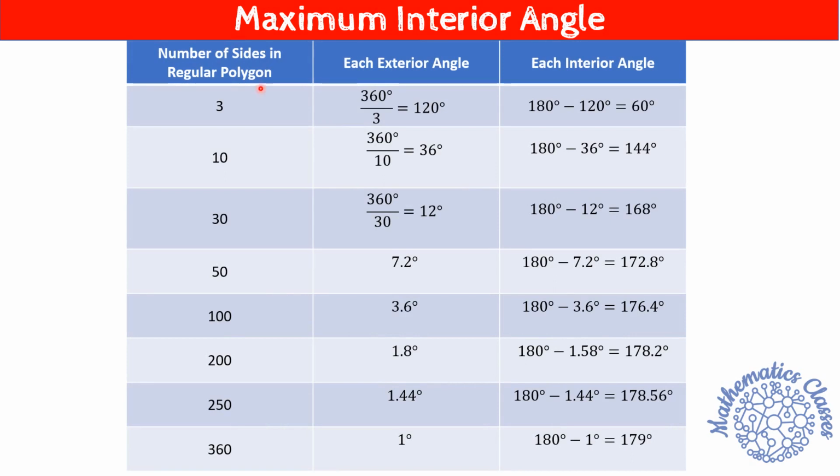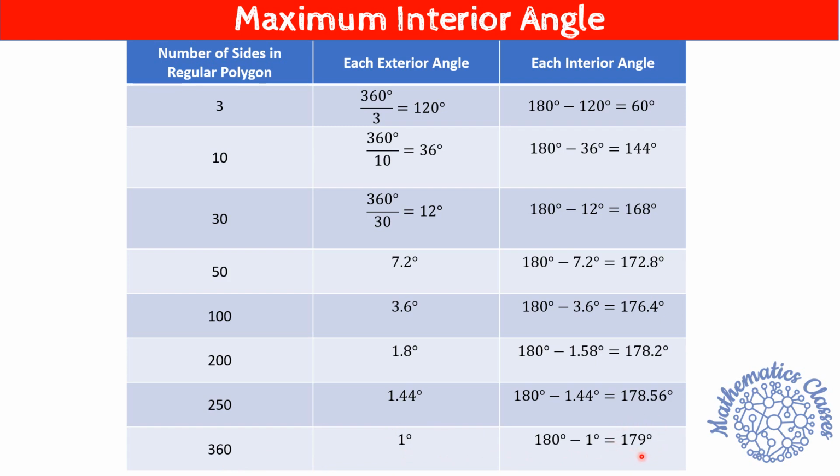Here, in this table, we have shown different sided regular polygons with each interior and exterior angle. Here, you may think that this 360-sided regular polygon will have each exterior angle as 1 degree and each interior angle as 179 degree.